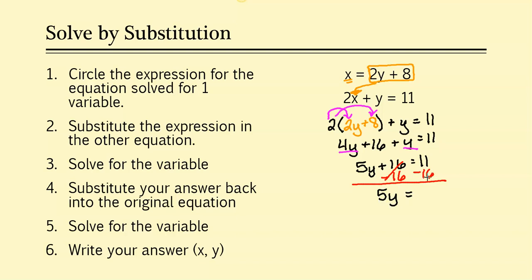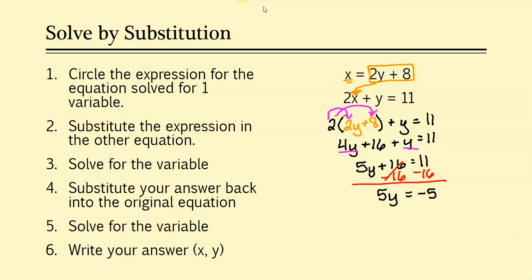Now 11 minus 16. Okay, 11 is positive. The 16 acts like a negative, which means since my signs are different, I subtract them. So if I think in my head, 16 minus 11, that's 5, but the 16 is bigger. It's acting like the negative, so my answer is going to be a negative 5. So now I have 5y equals negative 5.